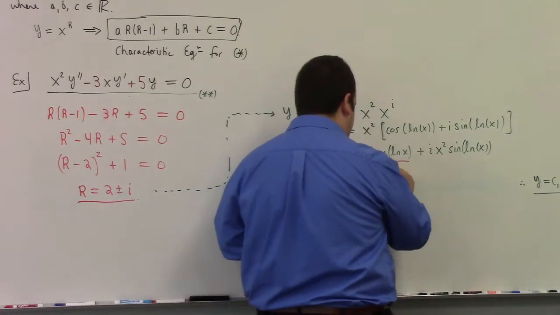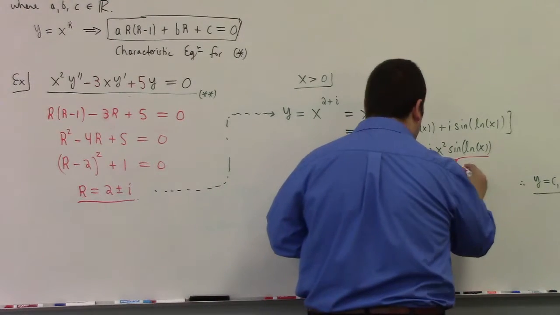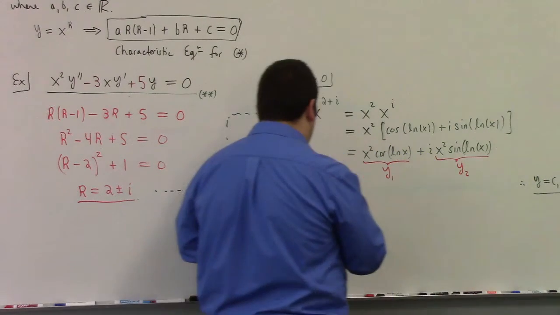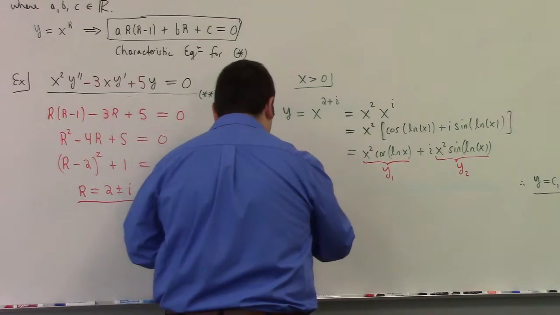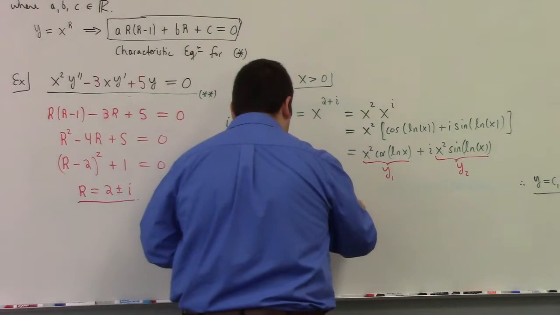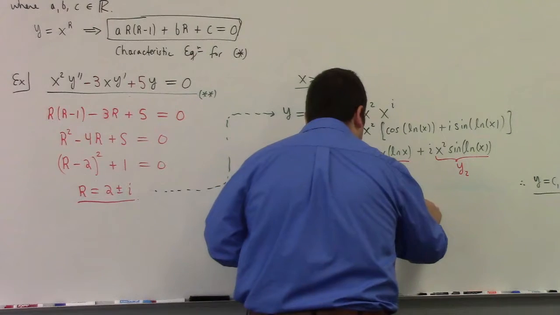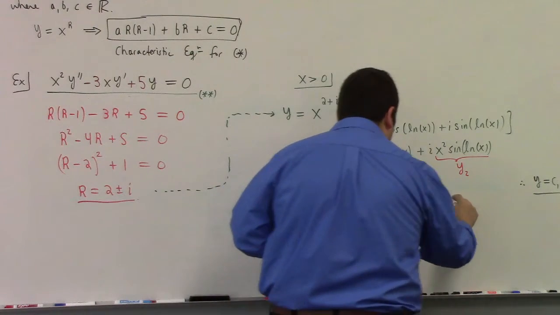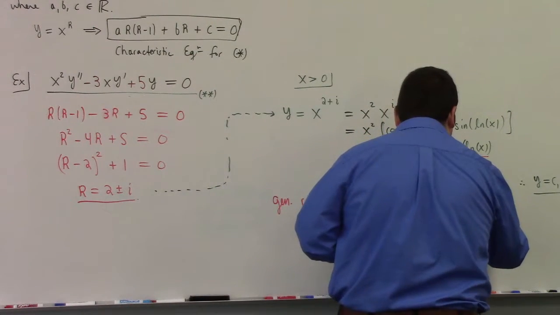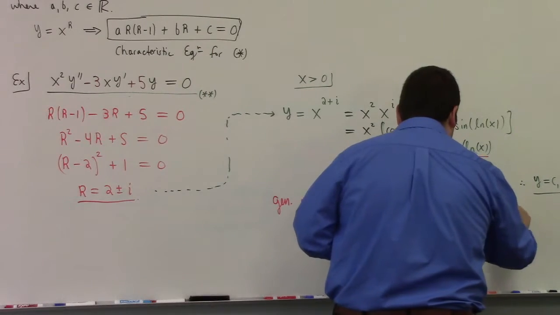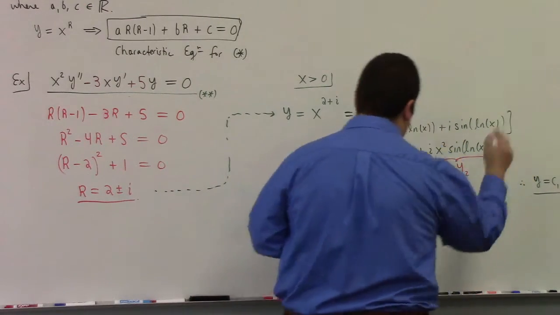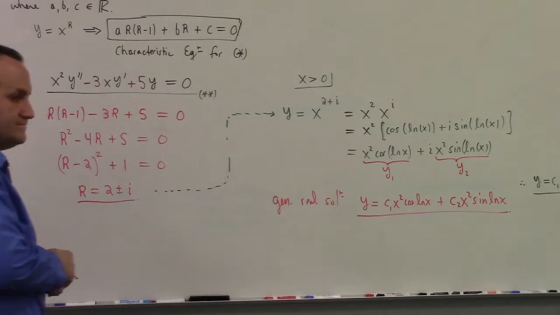The real part and the imaginary part are separately real solutions to the problem. So my general real solution has the form y equals c1 x squared cosine log x plus c2 x squared sine log x. There you go.